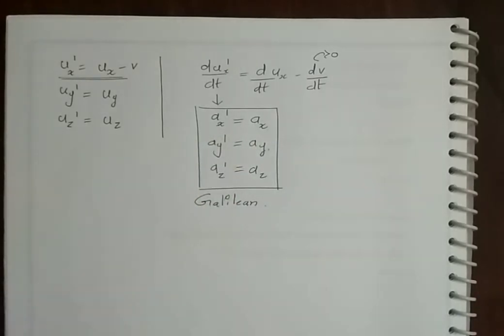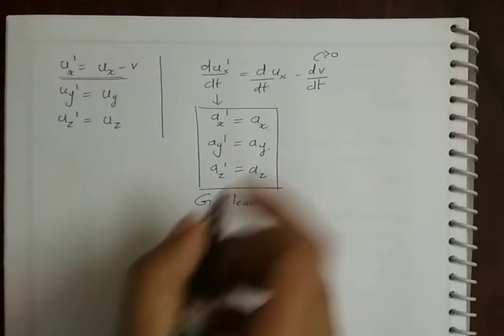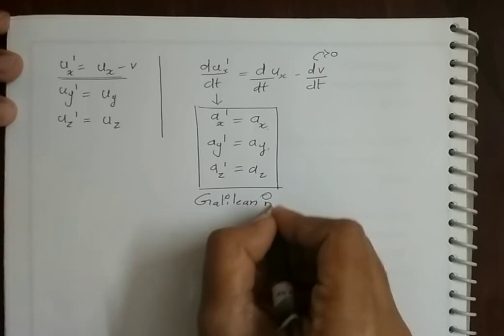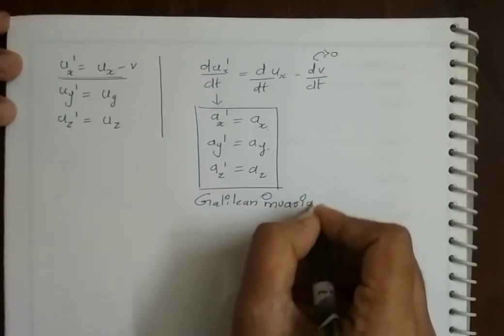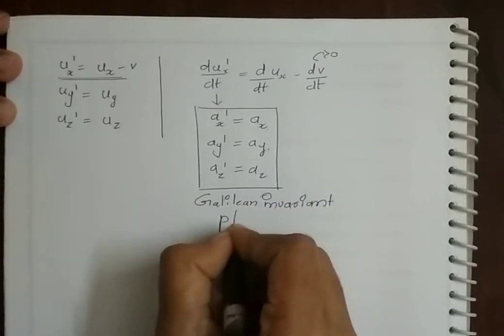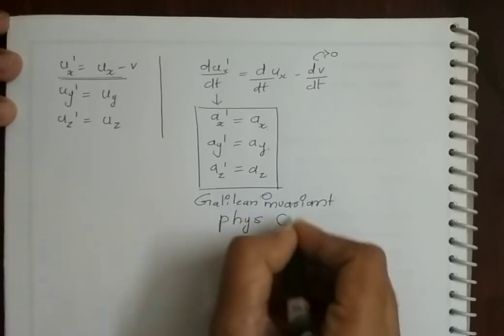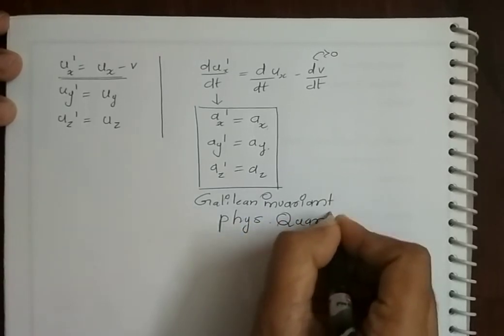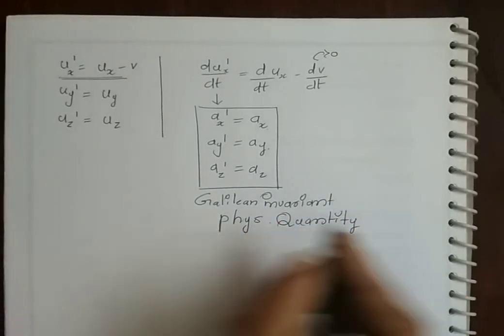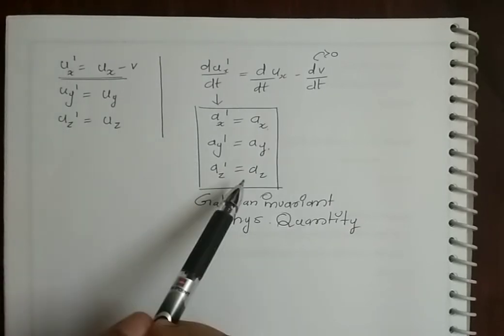There is no transformation. Such quantities which remain invariant under Galilean transformation are known as Galilean invariant physical quantities. So acceleration is a Galilean invariant physical quantity.